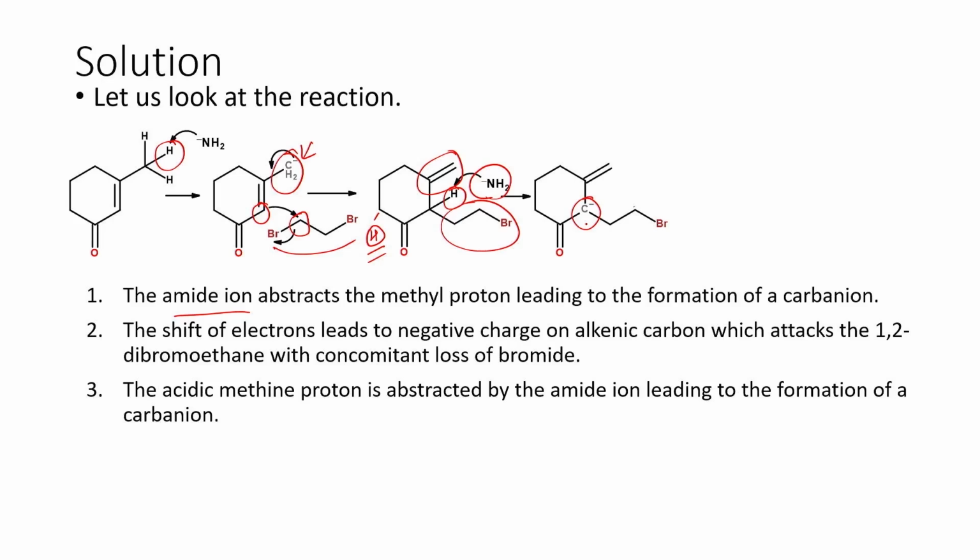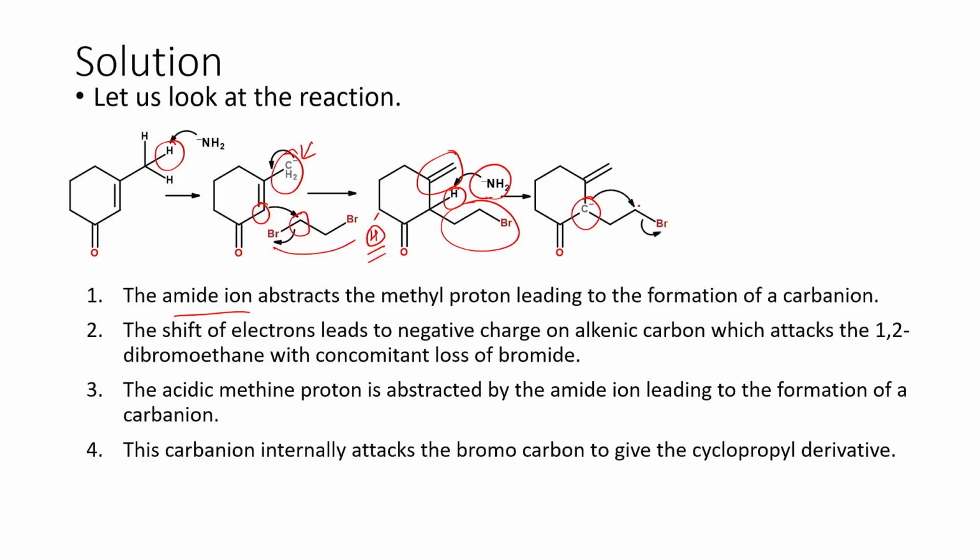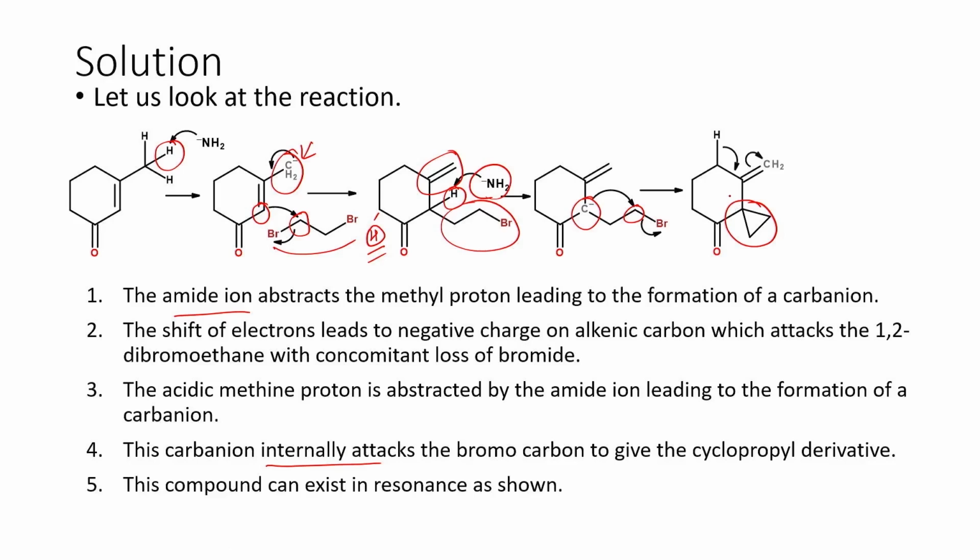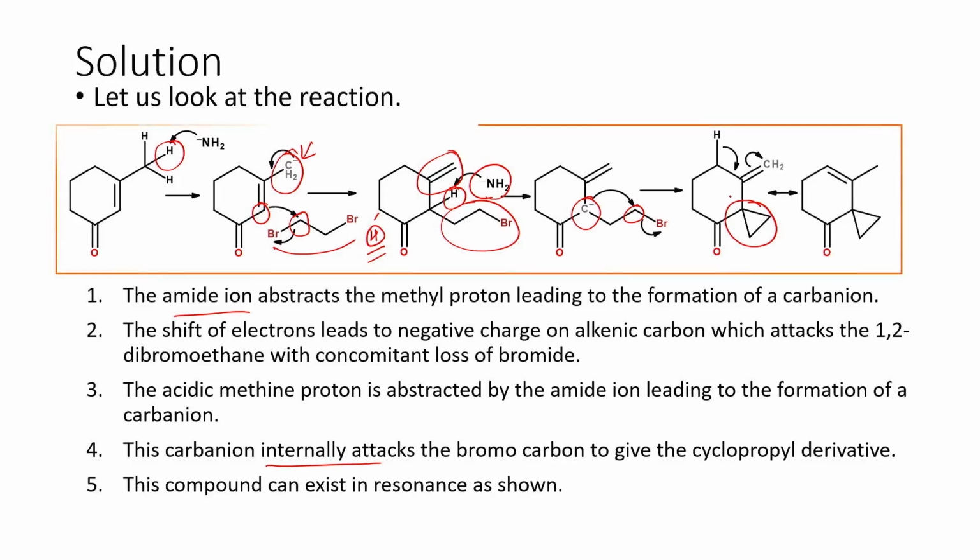Once a carbanion is formed on this particular carbon, it can attack this particular carbon by an SN2 type attack. This leads to the formation of a cyclopropyl derivative, and this internal attack of the carbanion is a crucial step for the formation of the cyclopropyl unit. Once the cyclopropyl unit is formed, this is one of the products we are expecting, and this can undergo resonance with another compound.